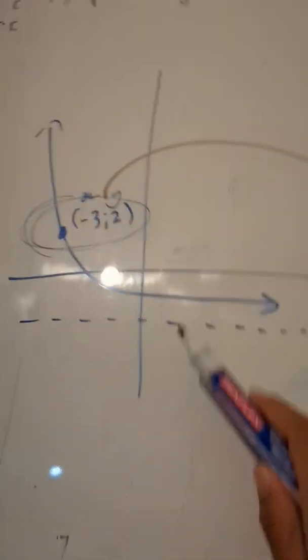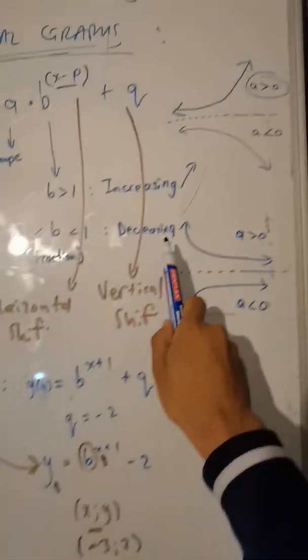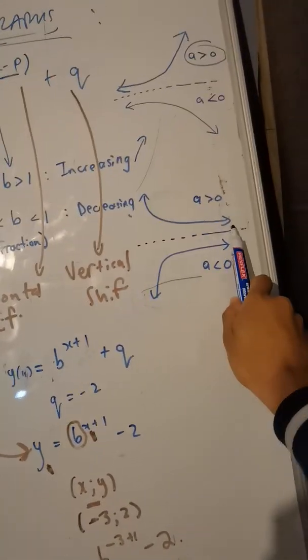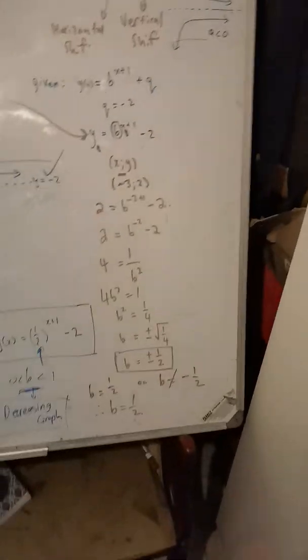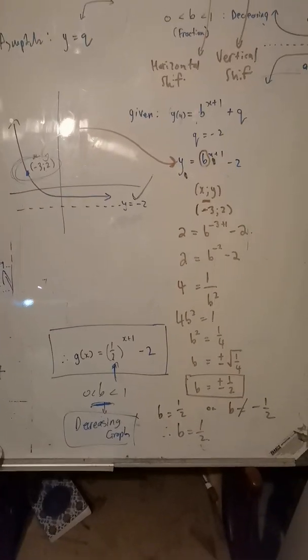And this graph over here is a decreasing exponential graph. As you can see, it goes from top down to the right, and this is a decreasing graph. Okay, and that's it, everybody. It's just a basic revision on how to get the formula of an exponential graph.